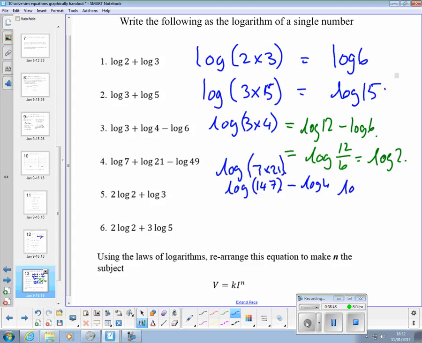So that's a log of 147 over 49 equals log 3. And actually you can do these in one go. That one, I could have put the log of 3 times 4 over 6 and done that all in one go. Same as that middle one.